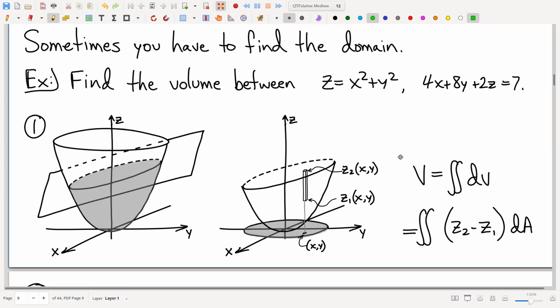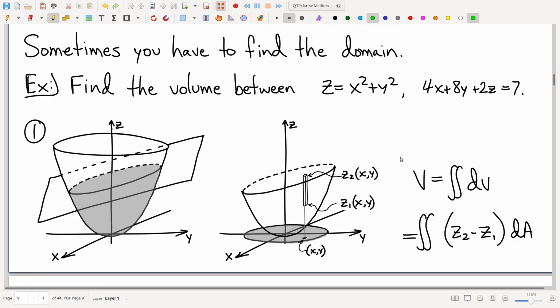All right, last little thing I want to address. In previous examples we've seen, the integrand is given. The domain for the integral is given. And I just want to point out that sometimes it's not. Sometimes the domain is something you have to figure out as part of the question. And so this is a nice example of that.